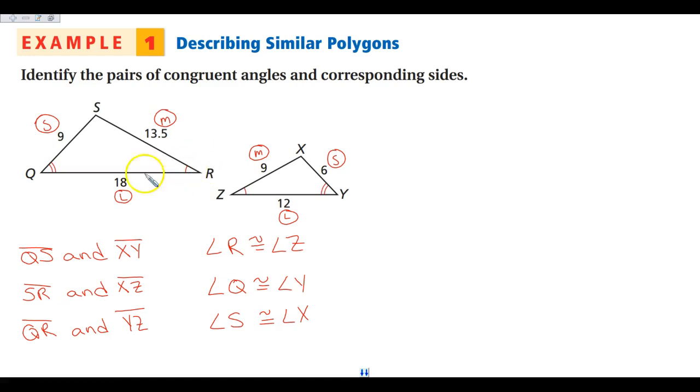Because remember, in a triangle, if you know 2 pairs are congruent, then the third pair must also be congruent. Okay, so that's our third angles theorem, but they're going to correspond as well. All right, so if you have any questions on that, please make note of it.